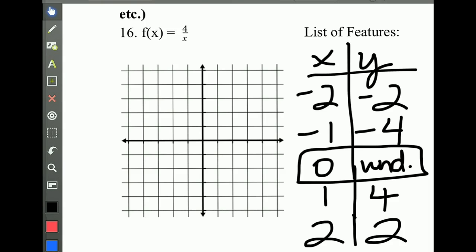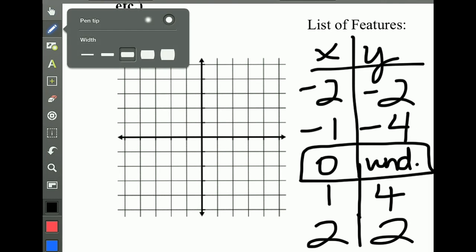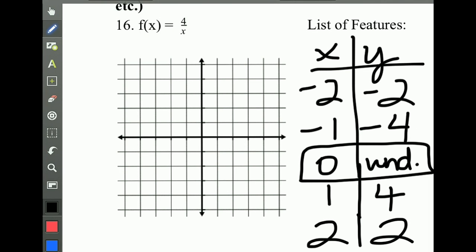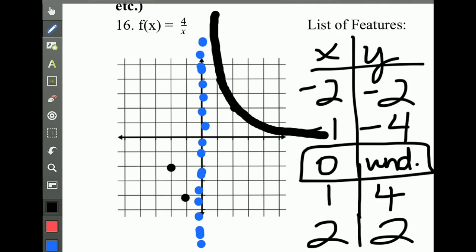Let's go back over here and graph our points. We have a point at -2, -2, and -1, -4, 1, 4, and 2, 2. Our asymptote is still at 0 because nothing has shifted that denominator. But now our line is going to look something like this. It's just gotten taller and skinnier.